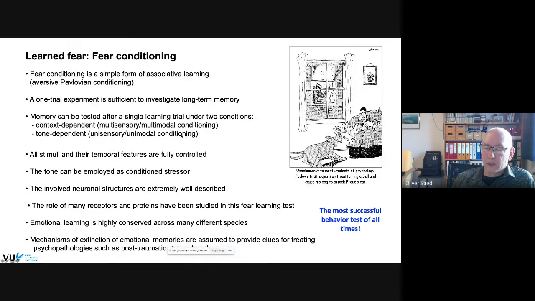I think that Jelena probably discussed this to some extent. The nice part about automated fear conditioning systems is that the stimuli and the temporal control features are completely controlled. And I will show you later, particularly in my second presentation, that the tone can be employed as a very nice conditioned emotional stressor.